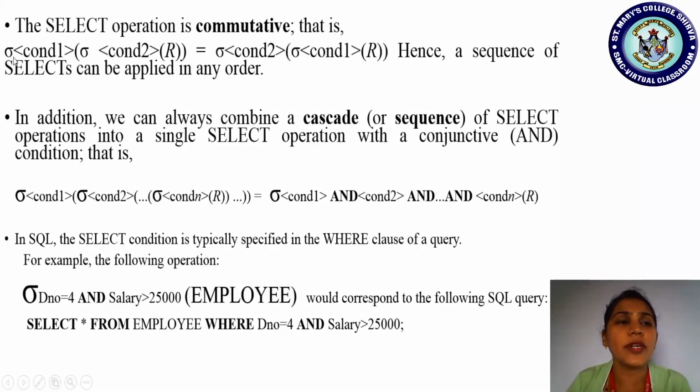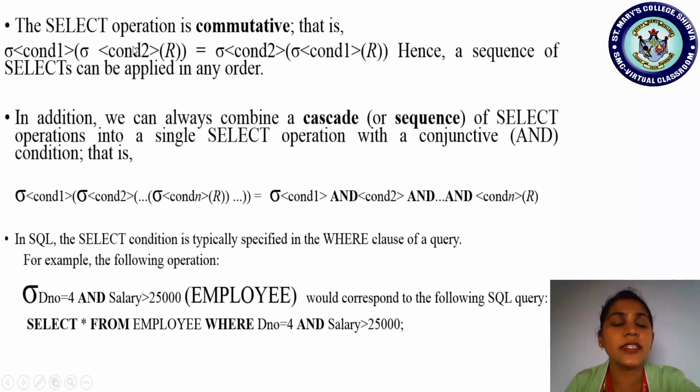So just check, the sigma operator, select condition 1, open parenthesis, select condition 2 from relation R. The innermost part applies one select condition on the respective relation.